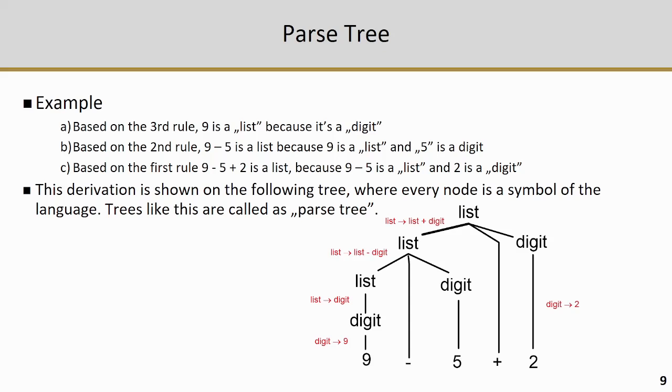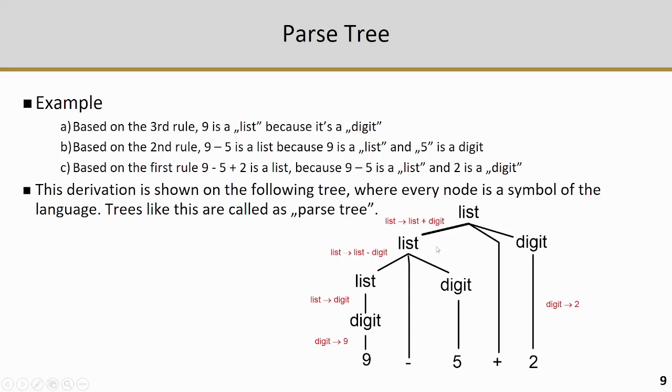And the sequence of derivations can be represented on a parse tree, as you can see here, where the start symbol is at the root of the tree, and we have non-terminals at any intermediate nodes, and we have terminal symbols, so practically tokens, at the leaves.